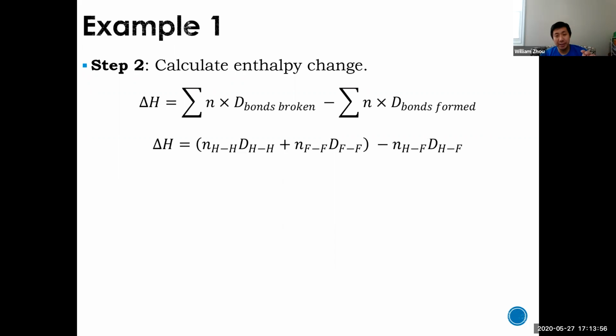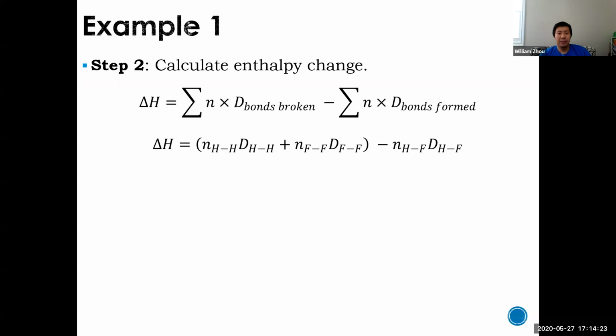The sum means you have to add up all of the reactants. Hydrogen gas, H2, is one of the reactants. So, how many moles of hydrogen times the energy per hydrogen? And plus, the second reactant, fluorine: how many moles of fluorine times the energy per fluorine? So in the brackets, you would have nD plus nD.